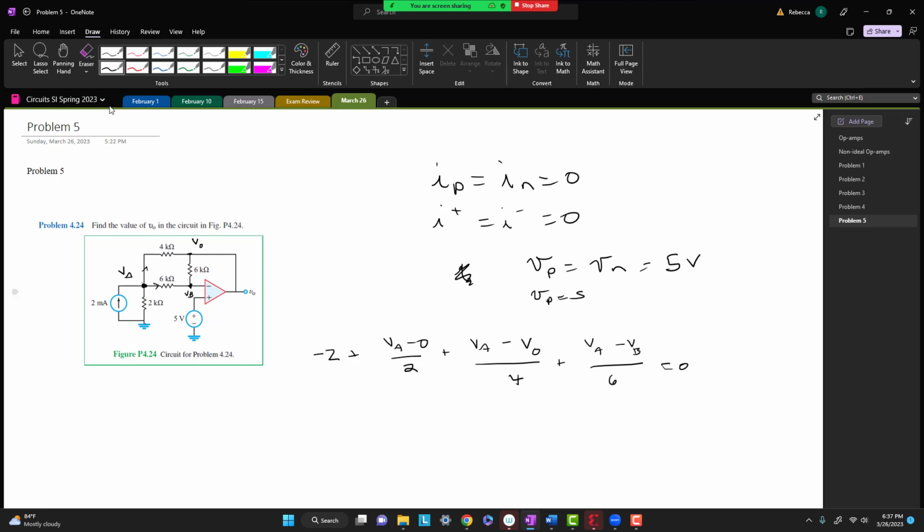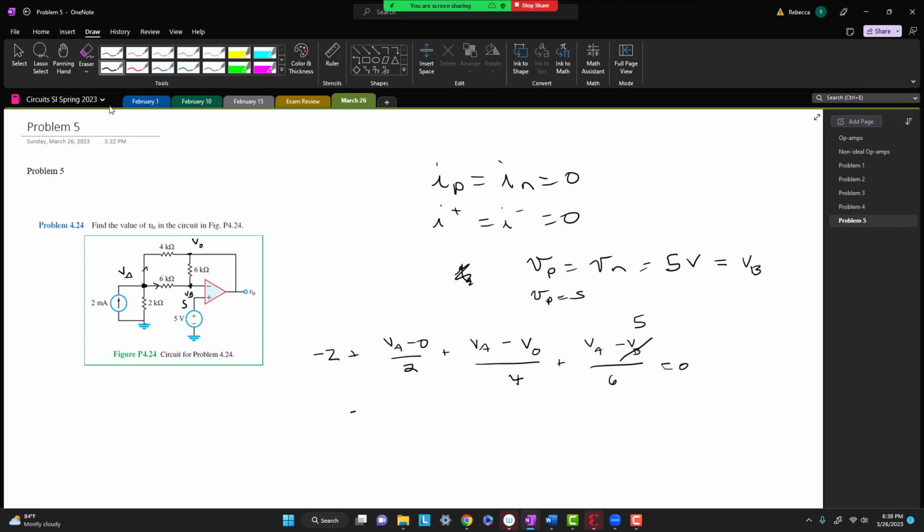Okay, now I will do VB. Notice that VB is VN, and VN is 5. So I can go ahead and replace that with 5, and I can just use 5 here for VB.